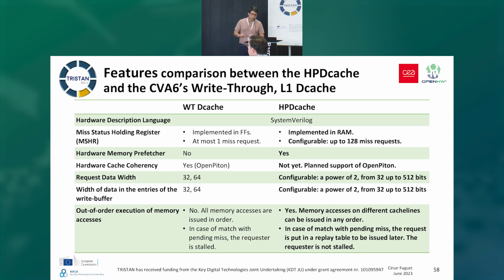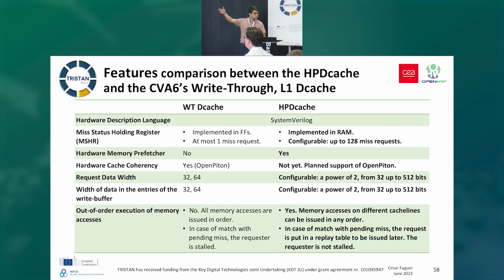I will not go through all of that, but the important thing is, if we compare with the original write-through cache, both are written in SystemVerilog. The most important differences are that, first, we have these deeply configurable miss status holder registers to support multiple miss requests to the memory.